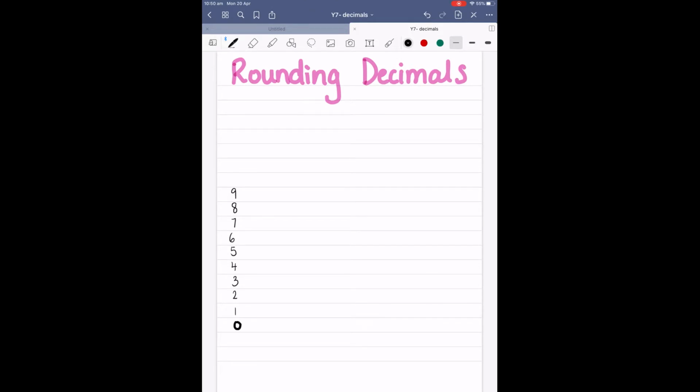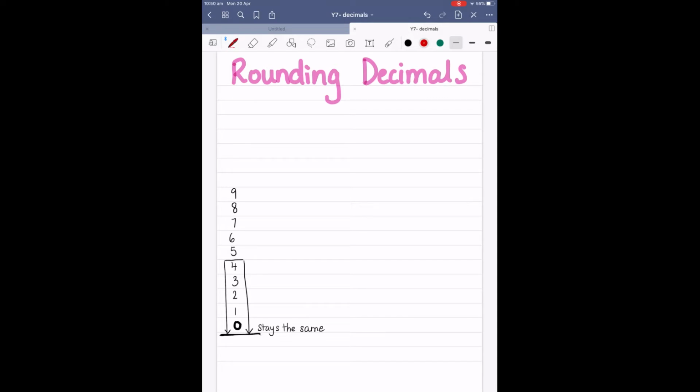We're going to draw a rocket ship. Now the rocket isn't flying yet, so we're going to have it ground based. If your rocket is 4 or under, that means your rocket stays the same. It doesn't have enough power to blast off.